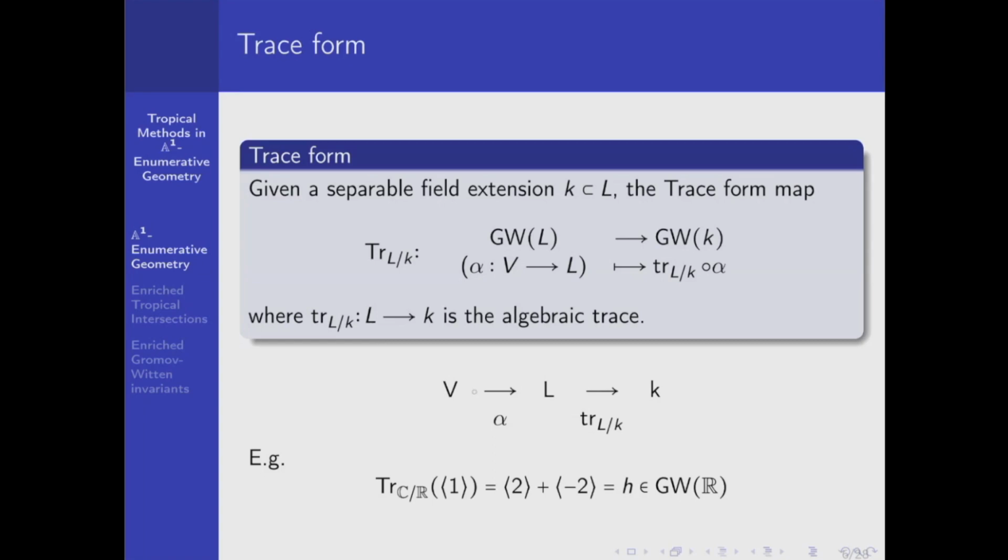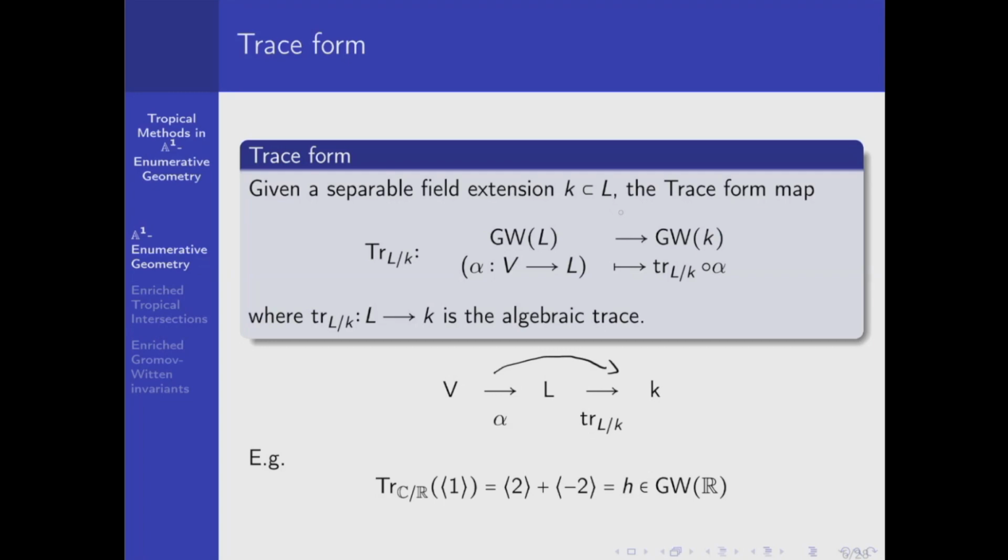So we take alpha, which is a quadratic form from an L vector space to L, and then we compose with the trace from L to K. This composition is a map from a vector space to K, and then all we need is to change V from an L vector space to a K vector space. But that is possible because for a separable field extension, L is a vector space over K.